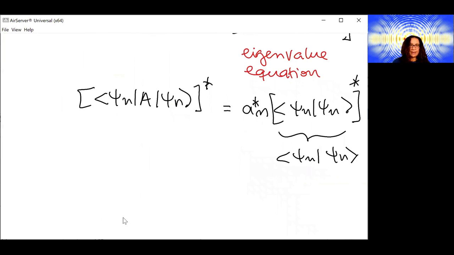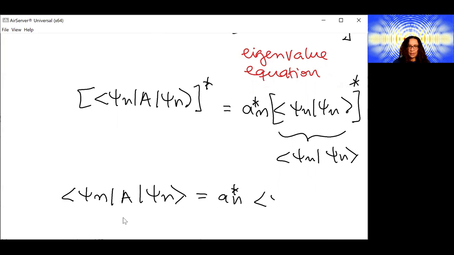So let's come back and say that this guy, ⟨ψn|Aψn⟩, is going to be equal, because A dagger is equal to A, so if I write A dagger or if I write A, it is going to be the same, to an star ⟨ψn|ψn⟩.